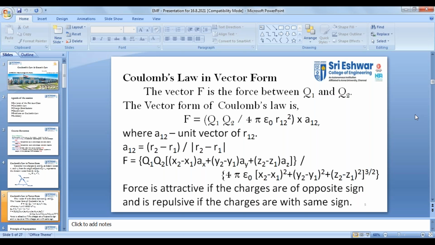The vector form of Coulomb's law is given by, see this particular formula you have to remember, the same formula we have seen, but in addition we are having one unit vector. Where is that unit vector? I have written A suffix 12 at the last.